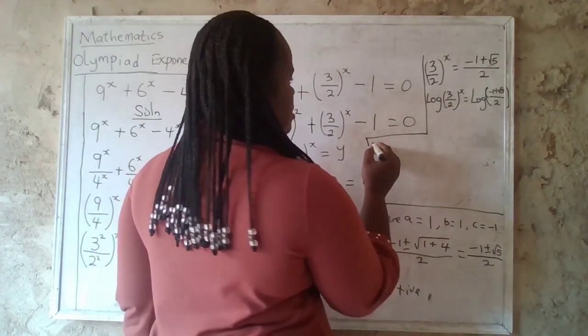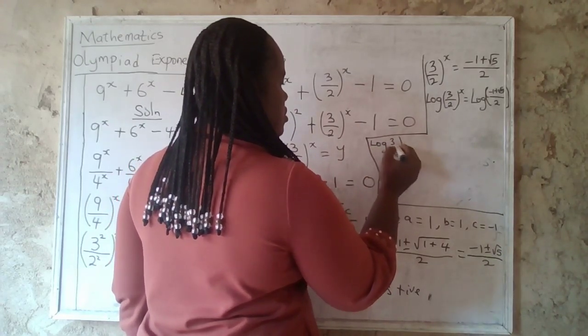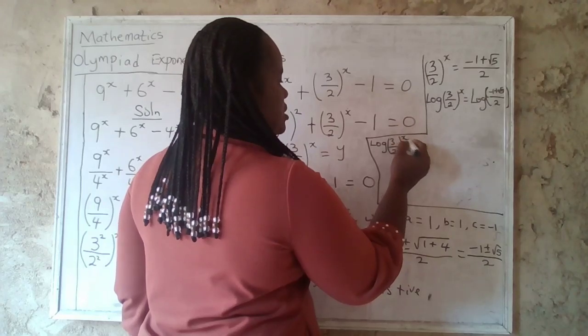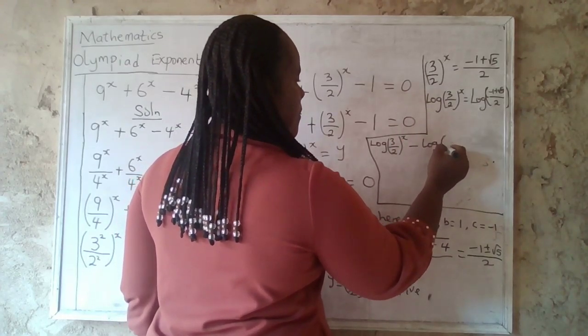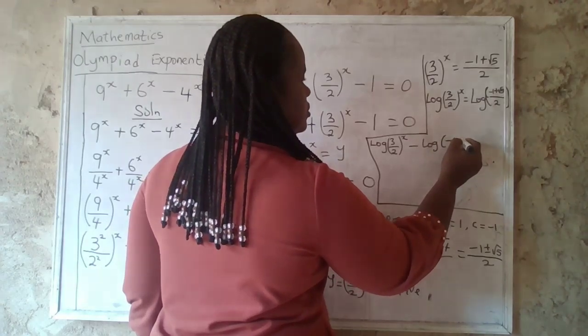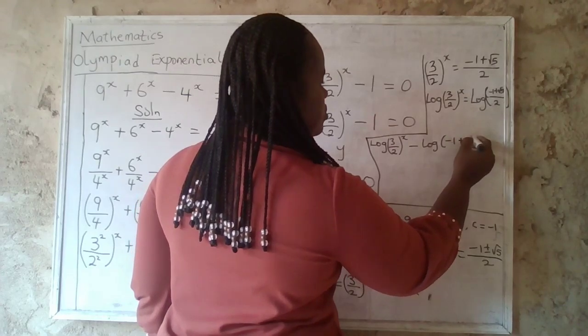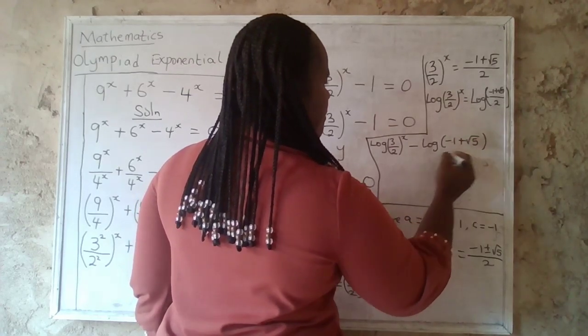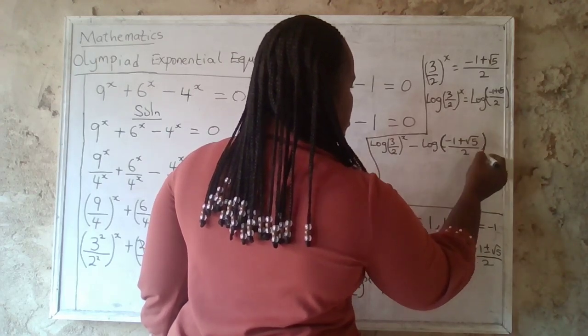Let me rewrite it here. Log of 3 over 2 all raised to power x equals log of minus 1 plus root 5 all over 2. Okay.